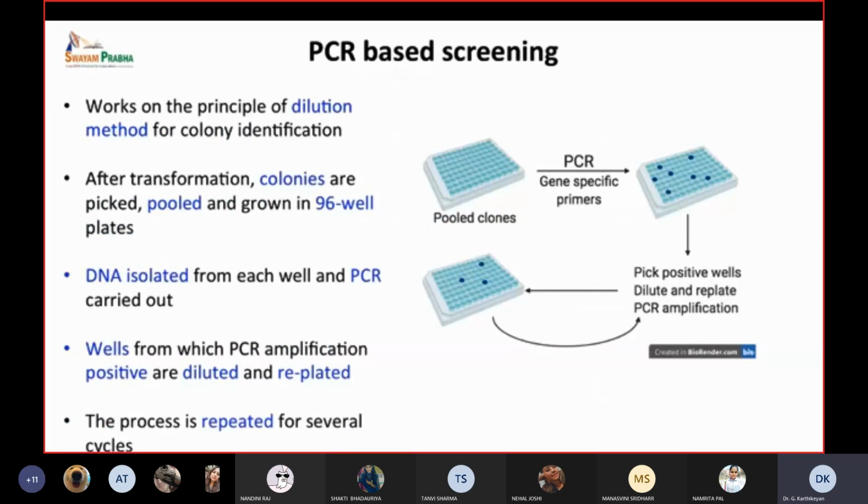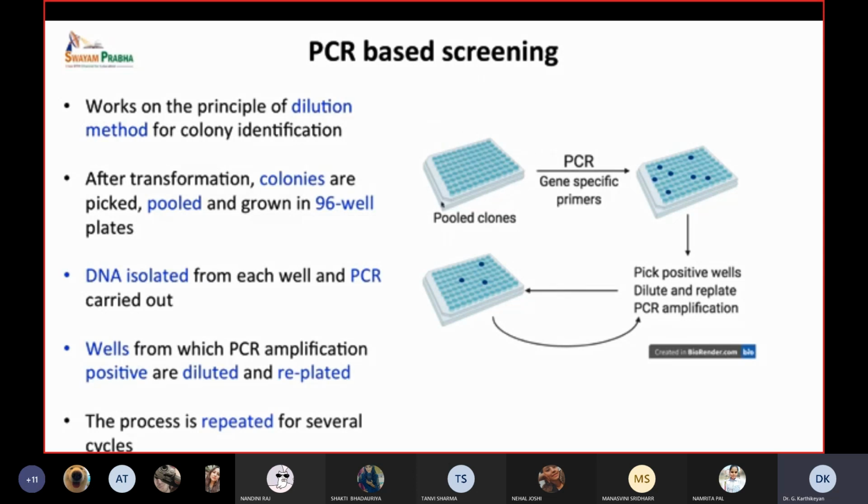The other method of screening is the PCR-based screening, and this is much more labor intensive because it works on the principle of the dilution method for colony identification. So here all the colonies need to be transferred to 96 well or 384 well plates.